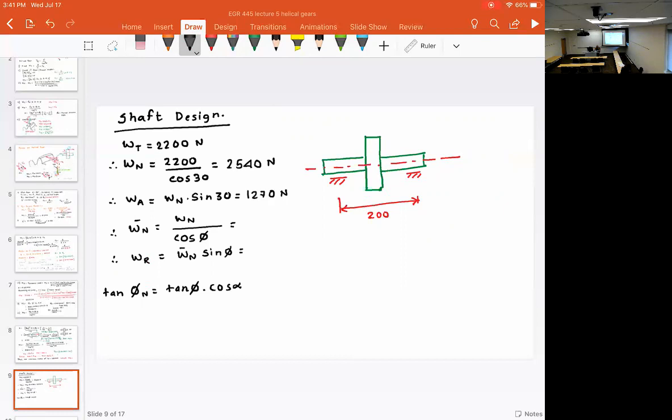Cosine phi is 30 degrees. Wn is 2932.94, I think 2933. And Wr? 1466.5.